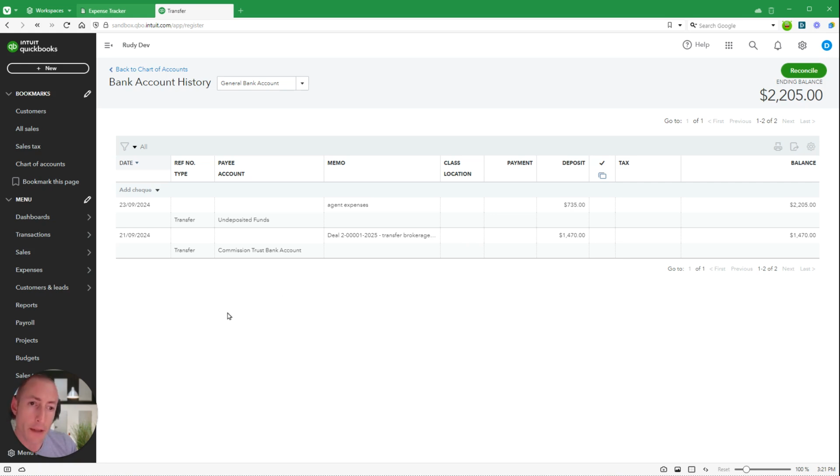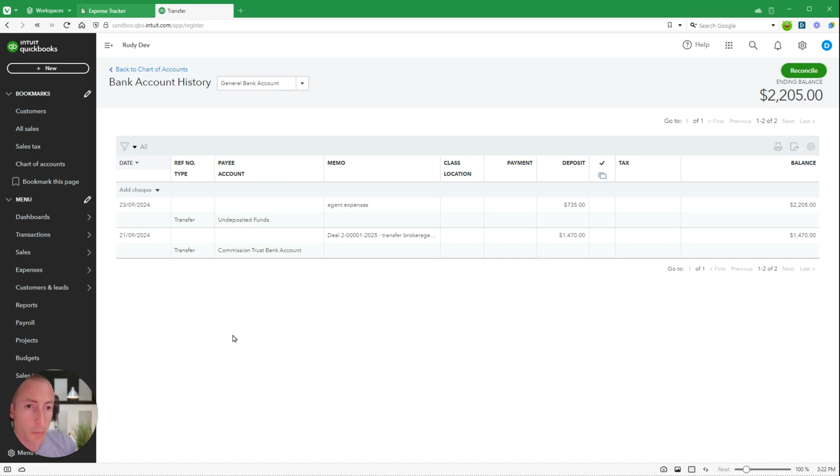In that scenario, you would look at the billing that your processor has provided you, and they should have that mathematically spelled out, where they've recovered $735 worth of charges, and they've applied fees of $15 for a net deposit of $720. And you would create the exact same entries here, transfer from undeposited to general of $735, with a payment processing expense of $15, and you would have 2 entries in QuickBooks.